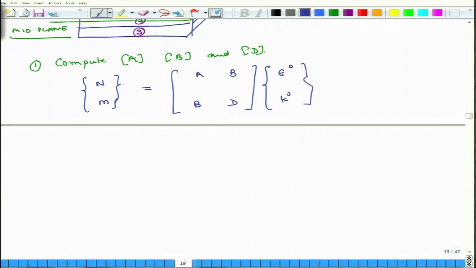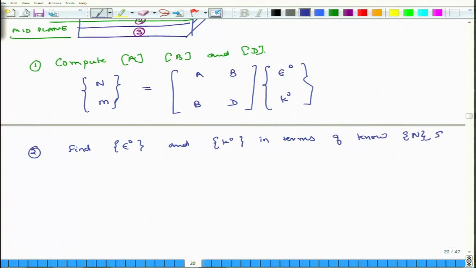So, we first compute ABD, then the second step is to find epsilon naught and k naught in terms of known N, known M and A, B and D matrices.